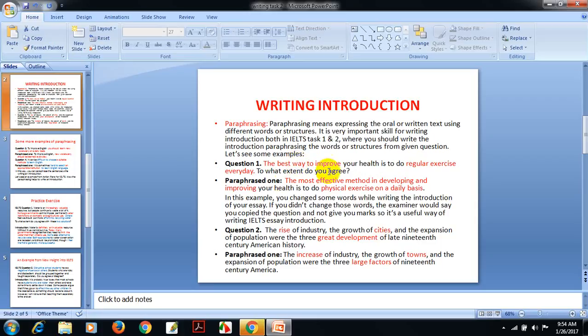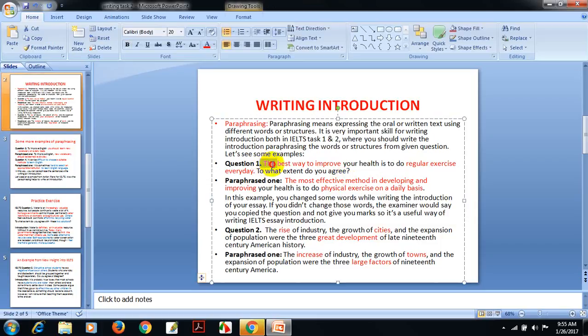The best way to improve your health is to do regular exercise every day. To what extent do you agree? That is the question. Let's see how to paraphrase it.